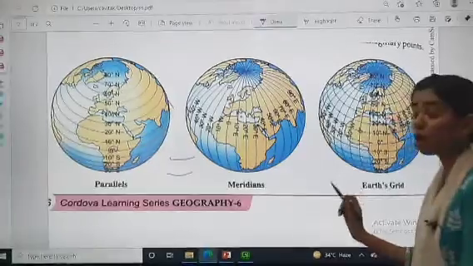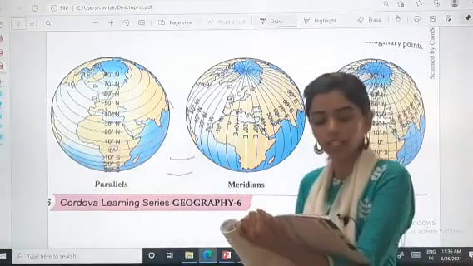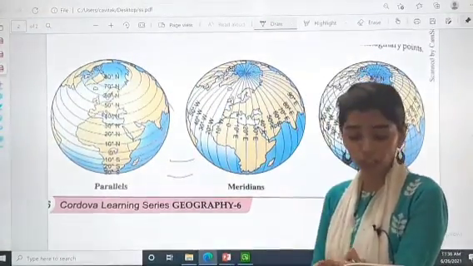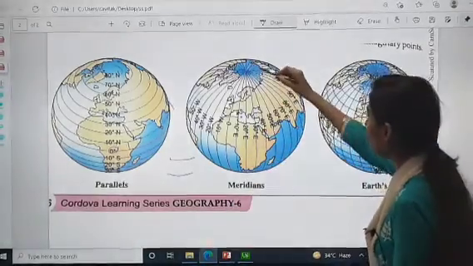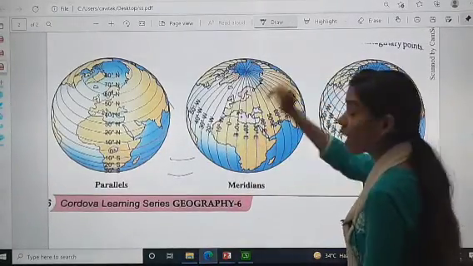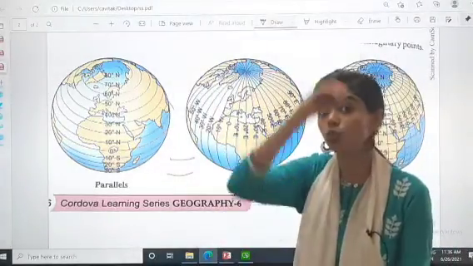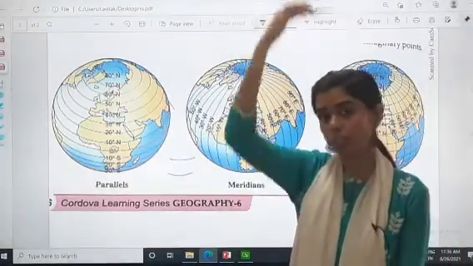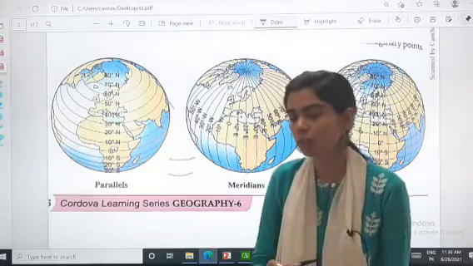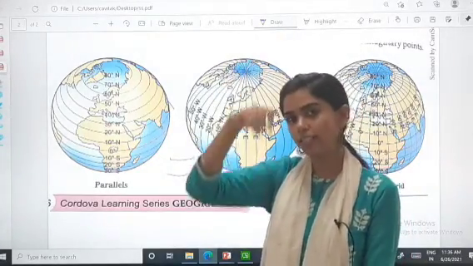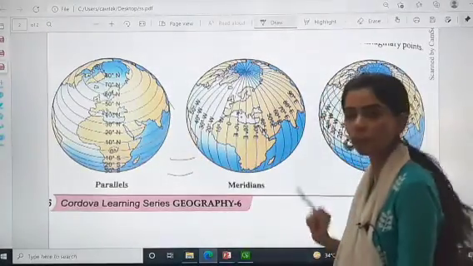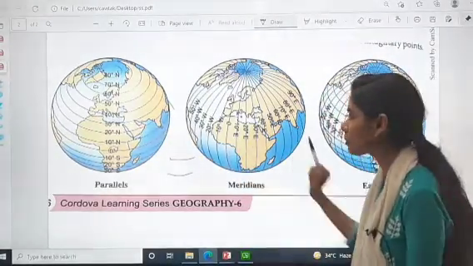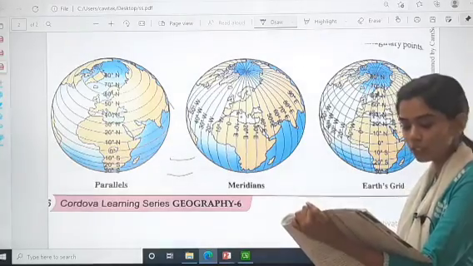Now talking about the meridians. The second type of circle runs from north to south, this way. This is your north, this is your south. Look at the lines also, they are different from the parallels. And what is it said?